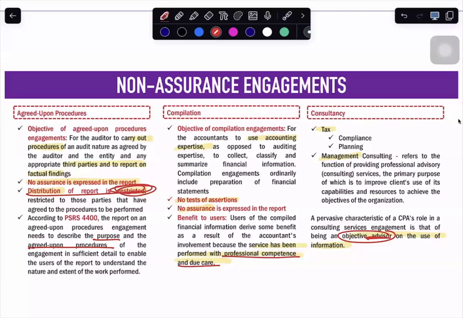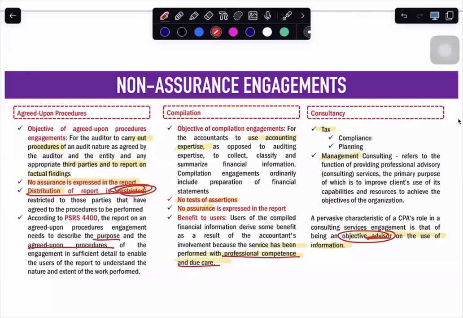Always remember, since these are non-assurance engagements, therefore, there is no assurance provided under these different engagements, agreed upon, compilation, or consultancy. And if you are asked what is the standard that is used for these engagements, we use your PSRS or your Philippine Standards on Related Services.